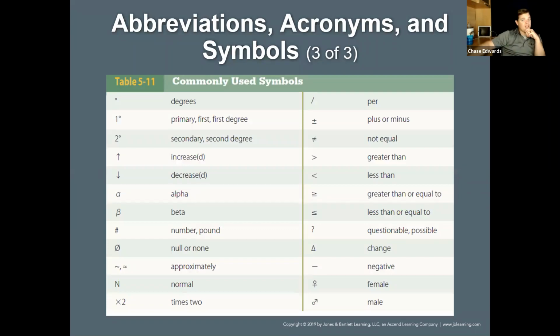So these are some commonly used symbols. We start talking about those like beta antagonist, alpha antagonist. Approximately, I use that one a good amount. These get confusing if you don't use them all the time.